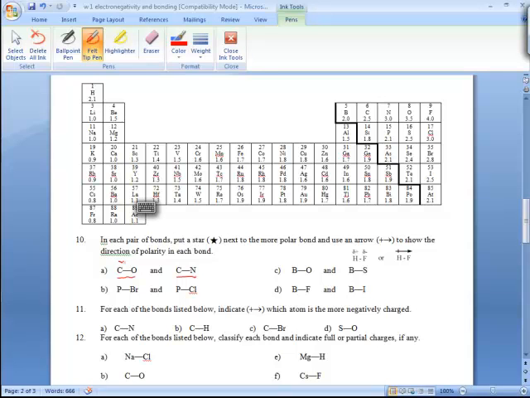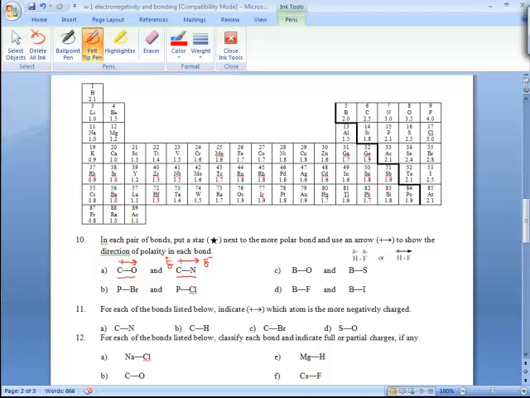Oxygen has a greater electronegativity, so we're going to do that. Nitrogen has a greater electronegativity than carbon, so we're going to do that. We could draw this little symbol, a lowercase delta, that means a partial negative and a partial positive because this is a polar bond.